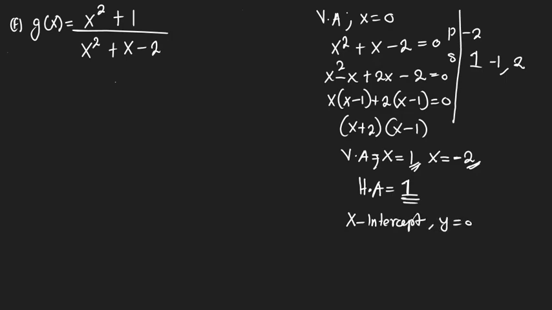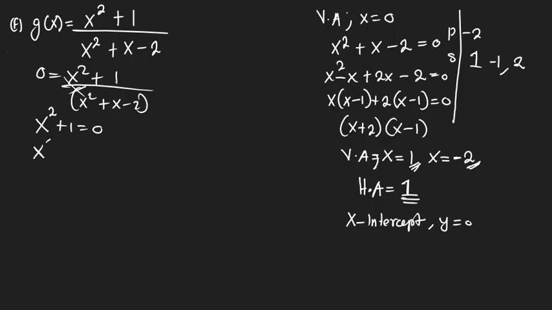So if I put my 0 there, I'll discover that I'm going to have x to the power 2 plus 1 equal to 0. Then I'm going to have x to the power 2 equal to negative 1, square root of negative 1, and my x is undefined. This tells me the x-intercept doesn't exist.